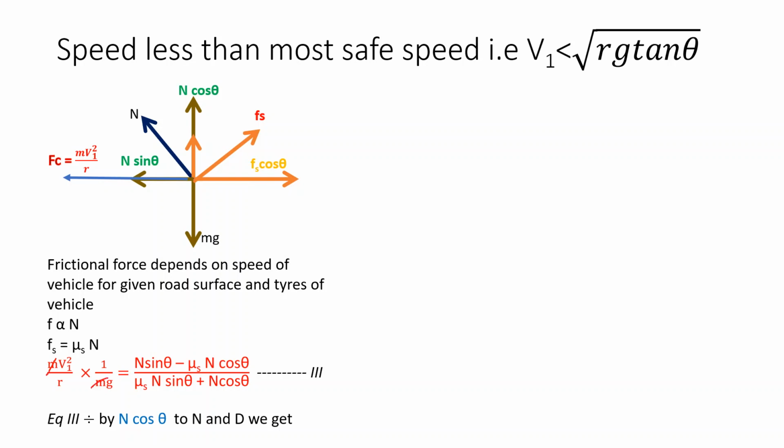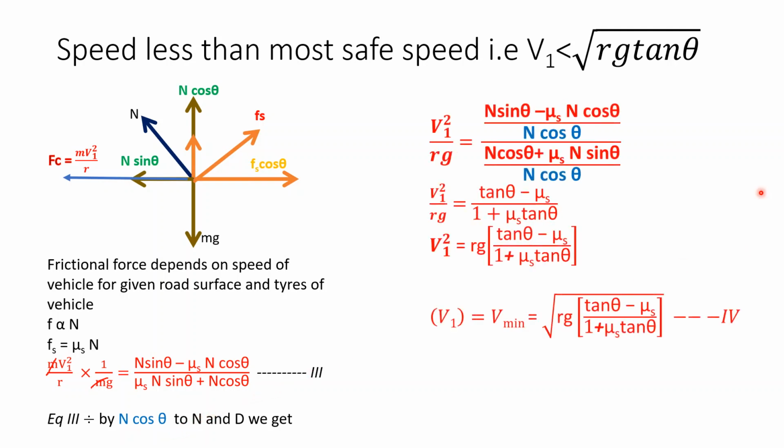we divide equation 3 by N cos theta to keep the value the same. We get v1 square upon rg equals N sin theta minus mu s N cos theta upon N cos theta, divided by N cos theta plus mu s N sin theta upon N cos theta.